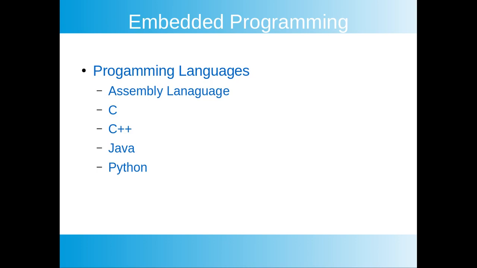If we are using Java, we need a Java runtime environment running in the embedded system, and the source code should be converted into Java bytecode by compiling using a Java development kit, and the compiled Java bytecode will be fed into the Java runtime environment working in the embedded system.